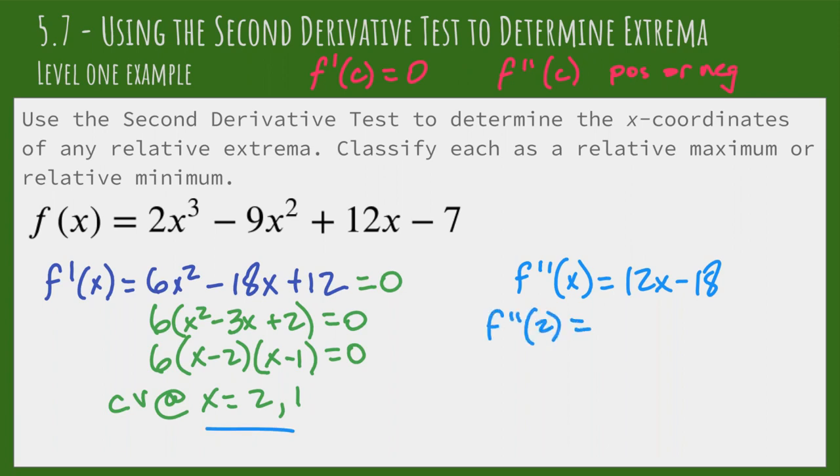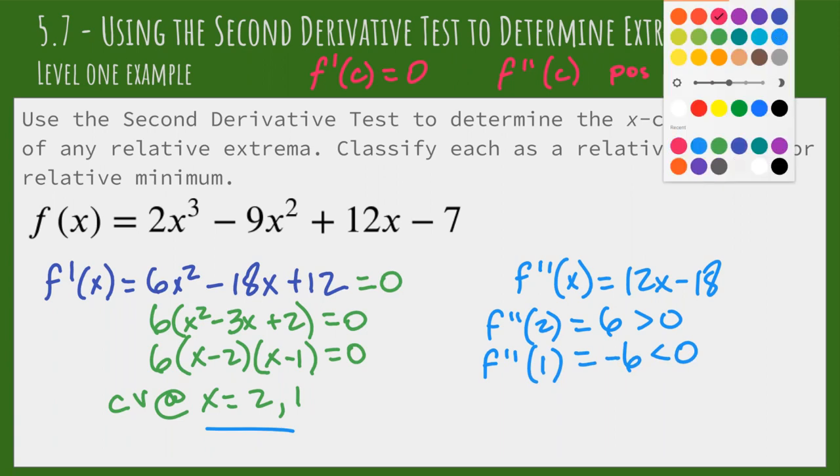We're going to have 12 times 2 is 24 minus 18 is 6. And the key here is that that is greater than 0, so that's positive. And then we also want to know what is the second derivative at 1. If we plug 1 in, we have 12 minus 18, which is negative 6. And the key here is that that is negative, or less than 0.